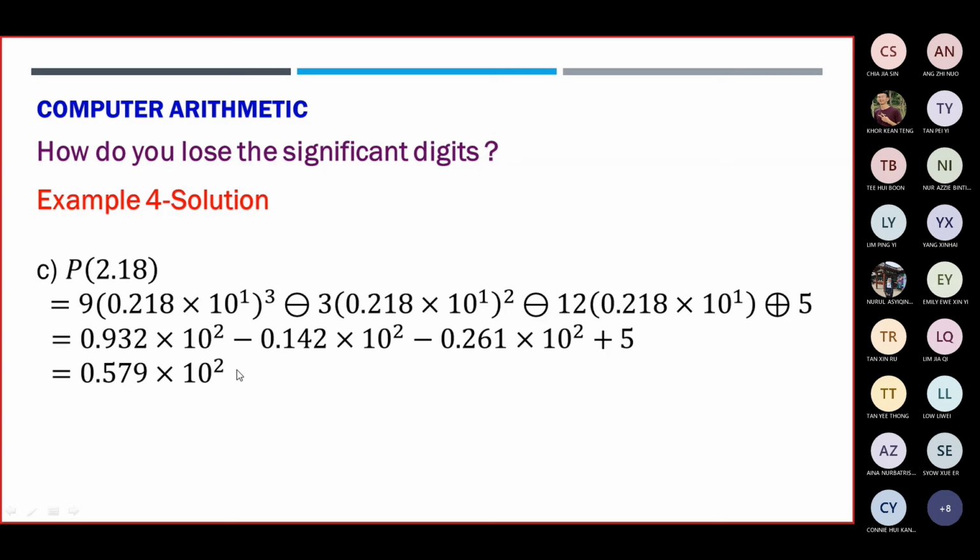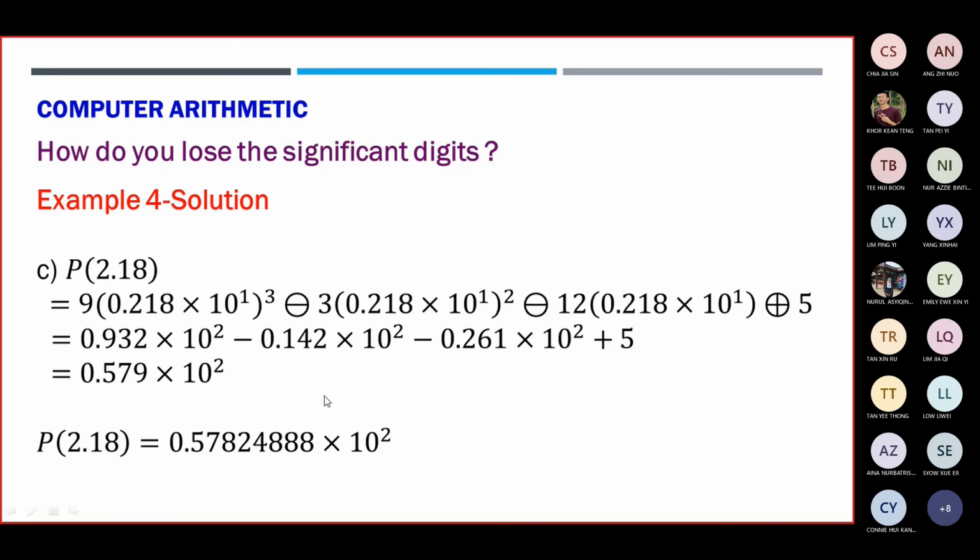Then you compare with your exact solution and see how much the difference is. You are losing significant digits. So this is the difference between computer arithmetic and the exact solutions. I think this is pretty easy and straightforward.